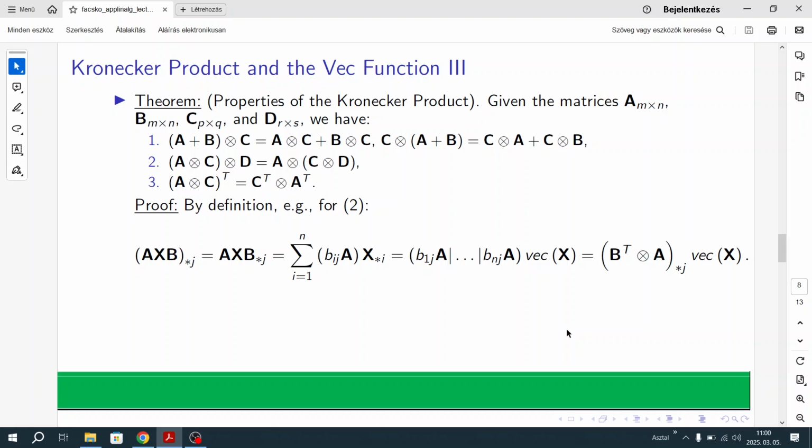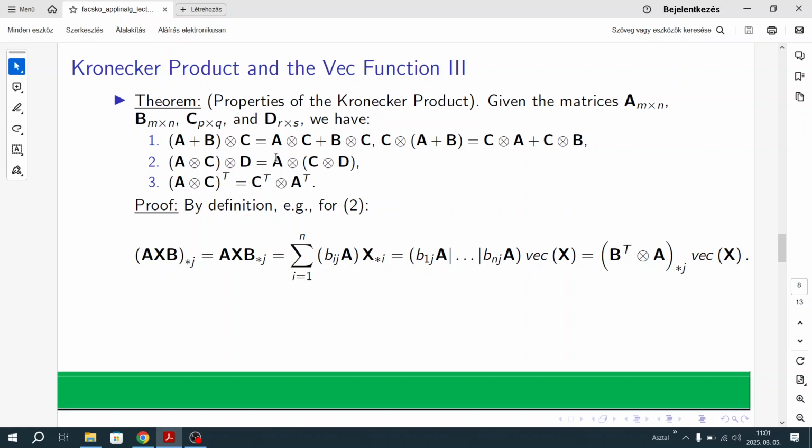Then it's associative. If you have A, B, C matrices, then you can move the brackets. About the transpose, you will meet the extension of the transpose in this lesson very soon.